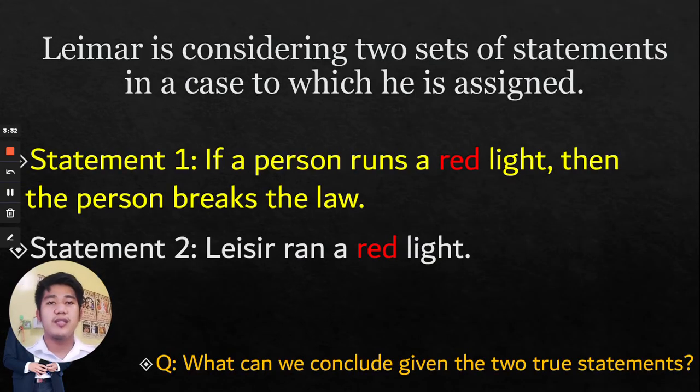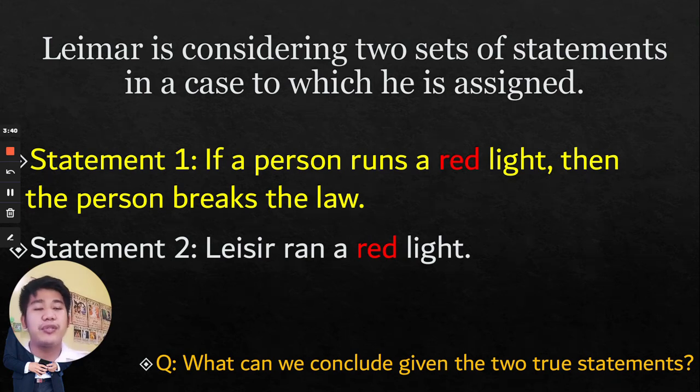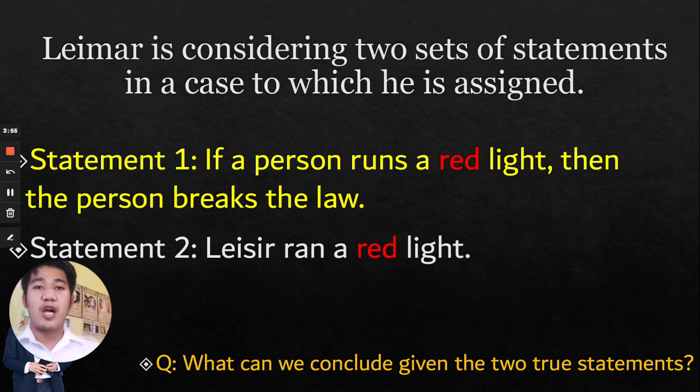Now, Lamar is considering two sets of statements in a case to which he is assigned. Here's the first statement. If a person runs a red light, then the person breaks the law. Statement 2, Lisa ran a red light. So what can we conclude given these two true statements? How are we going to help Lamar, the judge, in concluding?